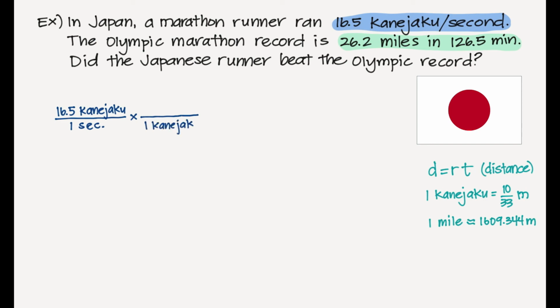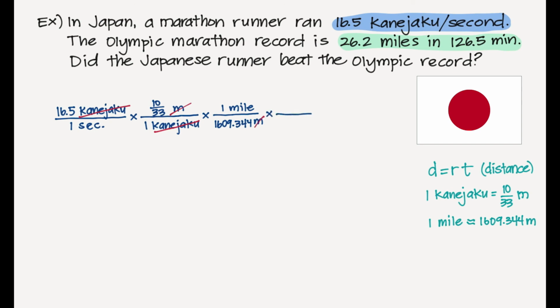So here we go. 1 kenjaku is equivalent to 10/33 meters. So we can cancel out the kenjaku, not worry about that anymore. But meters, we can put on the bottom. So 1,609.344 meters is equivalent to 1 mile. And now I can cancel out the meters.